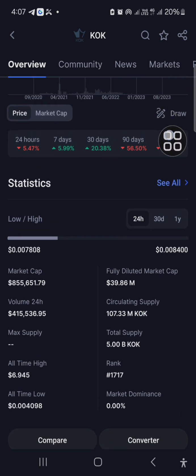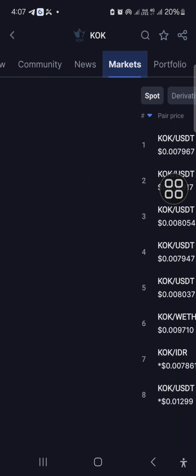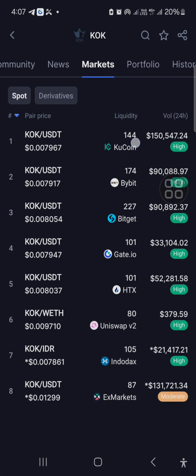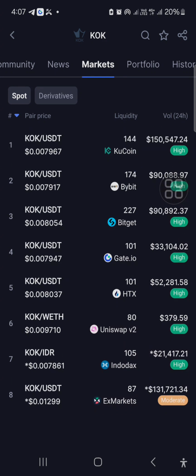Let's go to market. You can see here at the top right corner, let me click on market. This is where you see all the exchanges, whether centralized or decentralized, that a particular coin is trading on. So you can buy COC against USDT on KuCoin.